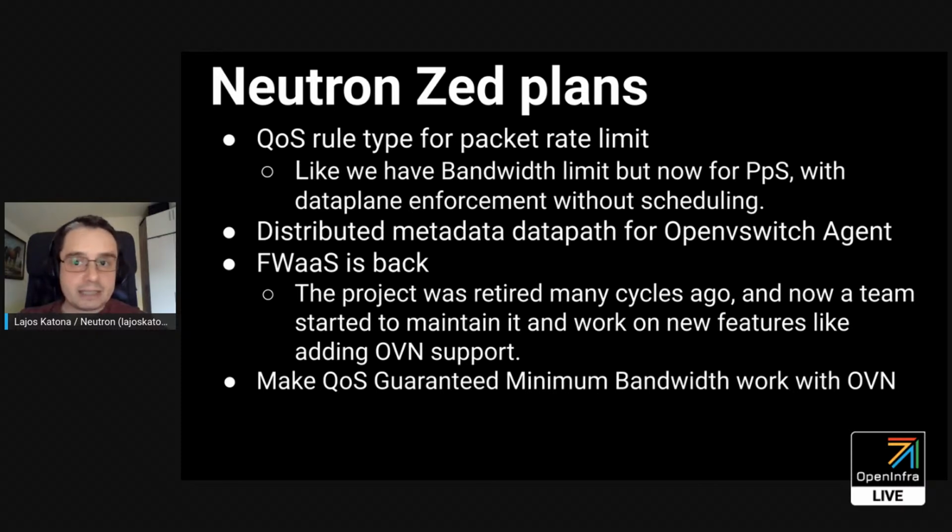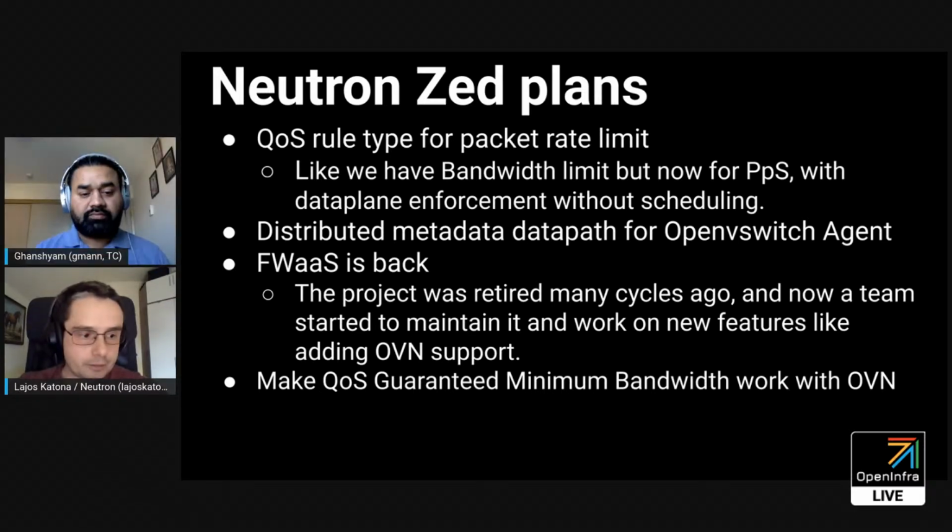So with that we will have again one less gap in the OVN gap list. It's really good to see that we will have more backends which provide the full feature list of Neutron.